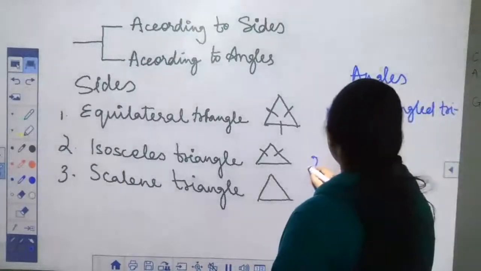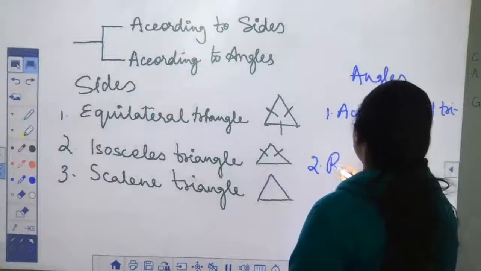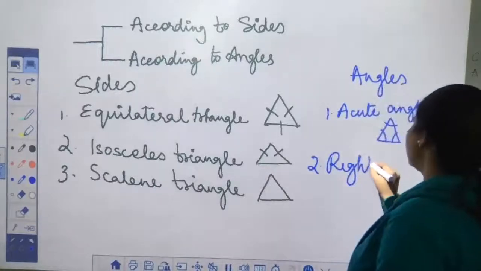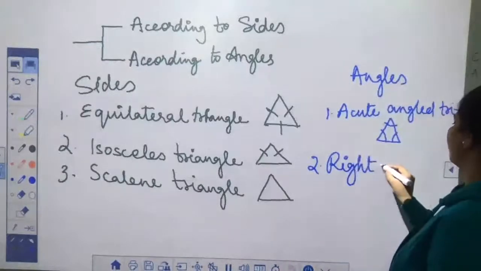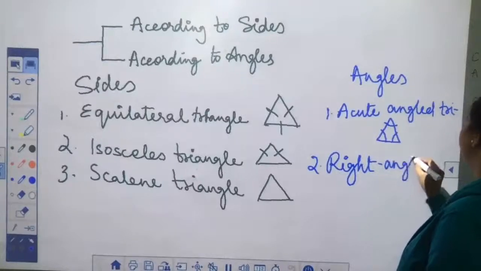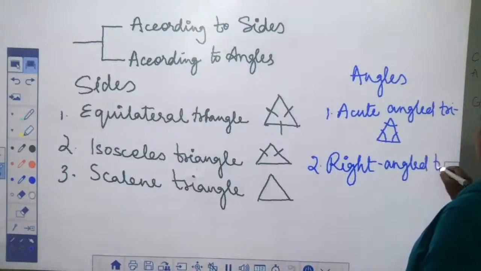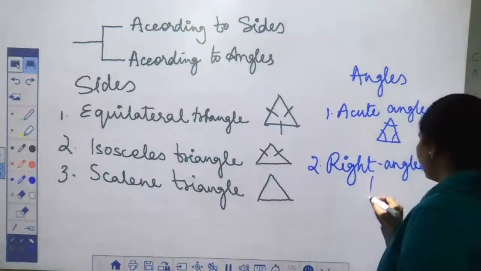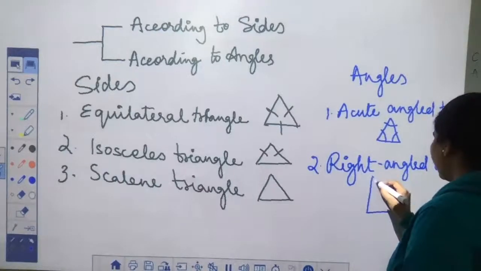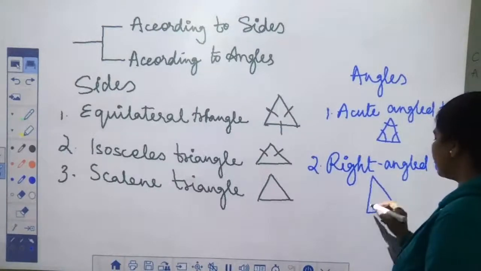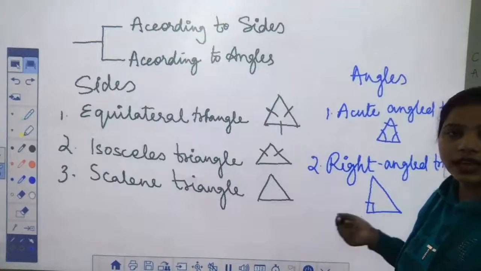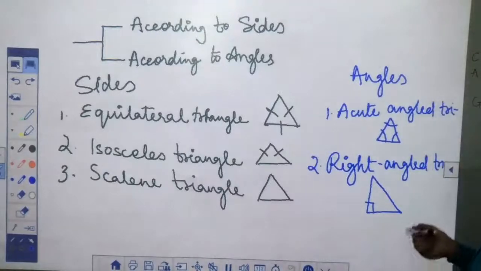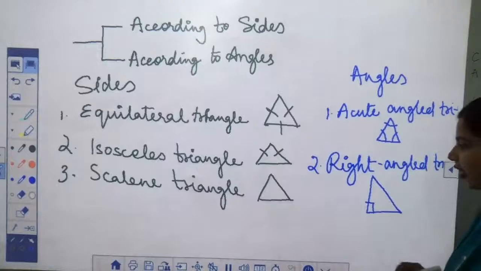Then next one is right angle triangle. Right angle triangles, first of all we'll draw a right angle and then join it like this. A triangle which contains a right angle will be named as right angle triangle.